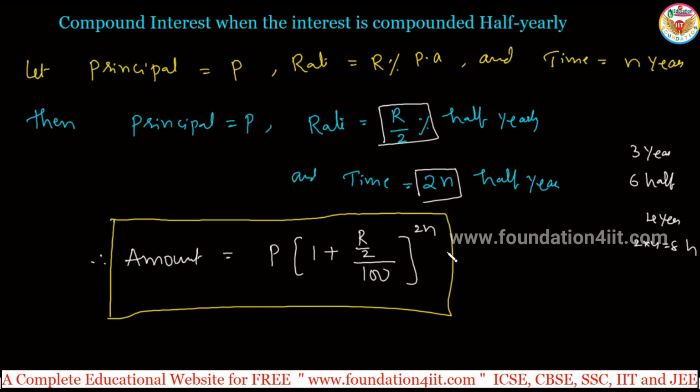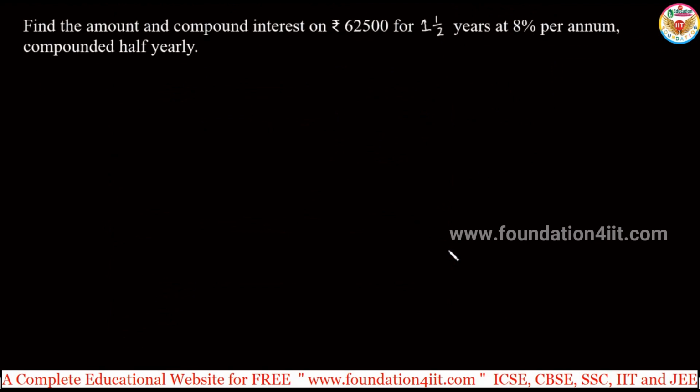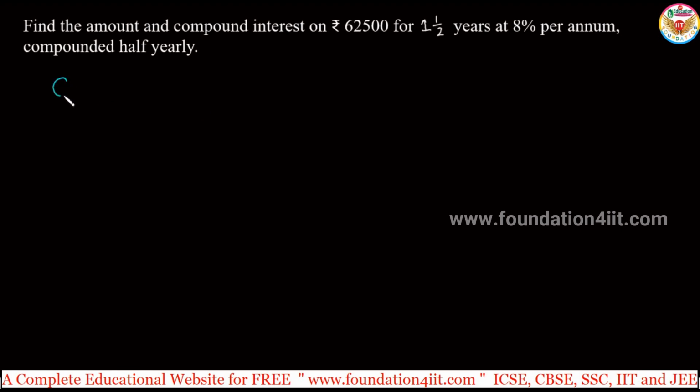Okay. Let me show you one problem based on this, and how to calculate. Here is the question: find the amount and compound interest on 62,500 for one and a half years. So let us take this. 62,500 is the principal, that is the given data.